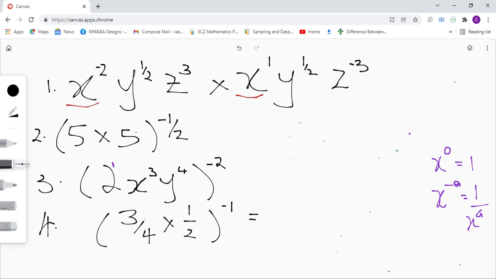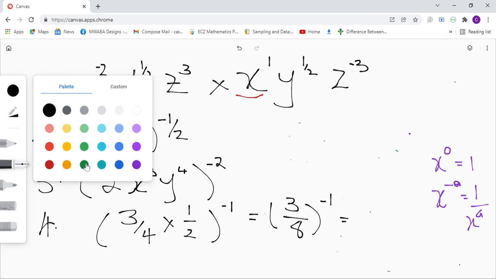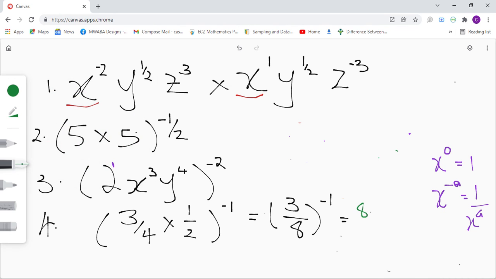That's going to be 3 quarters times half. That's going to be 3 over 8. Right, 3 times 1 is 3, 4 times 2, that's 8. To the power negative 1. And remember, whenever you have a fraction and a negative power, the numerator and the denominator trade places. So we're going to have 8 over 3 to the power 1, which is the same as 8 over 3.